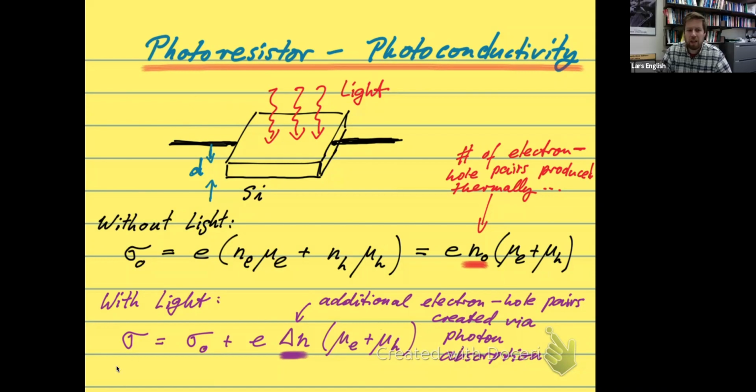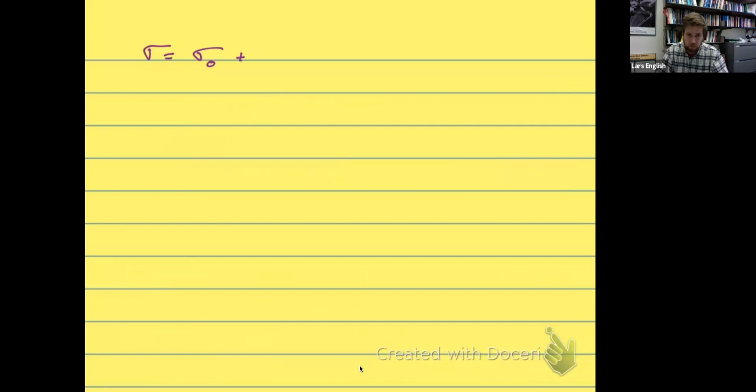And so now our conductivity should go up even more, right? So we have this normal, dark conductivity, and then we add this factor to it, e times the change in electron-hole pairs, that is, the addition in electron-hole pairs due to the light, times the combined mobility. Okay, so here's the formula again.